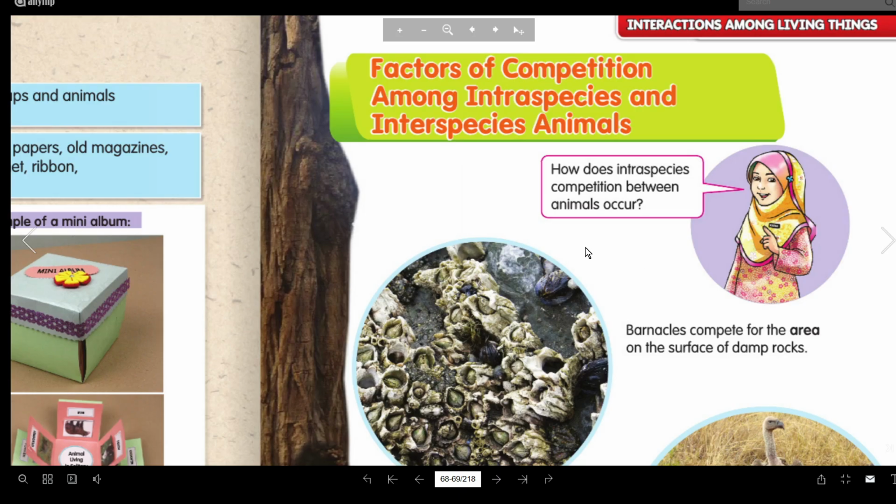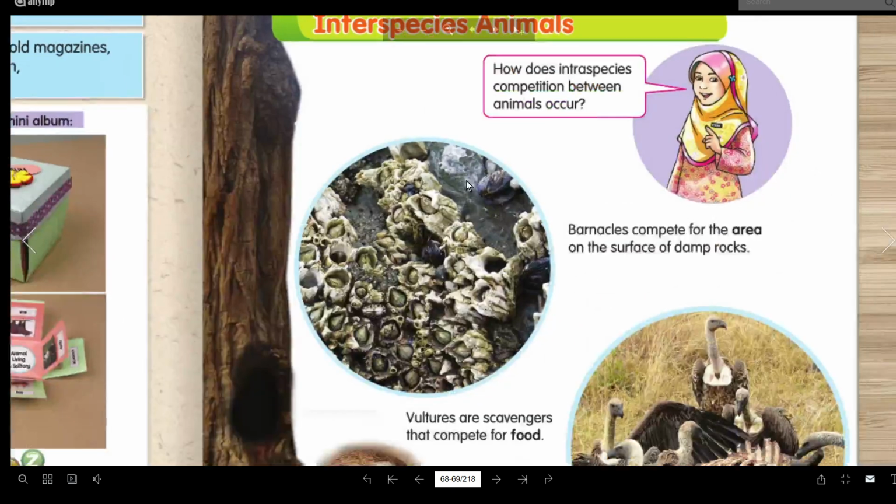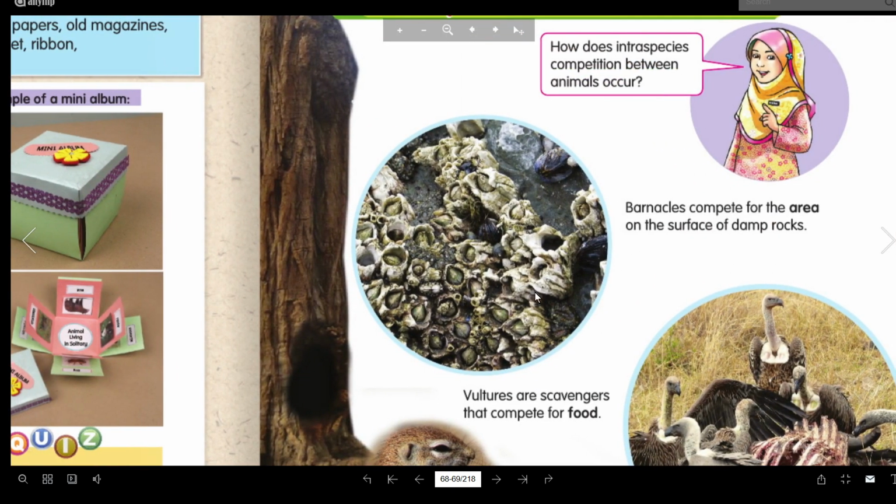Okay. Now let's see factors of competition among intra-species and inter-species. So how does intra-species competition between animals occur? As you can see, there are some barnacles, and these barnacles are competing for the area on the surface of damp rock.